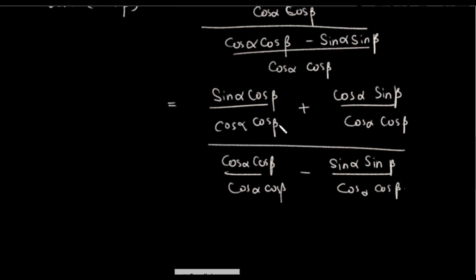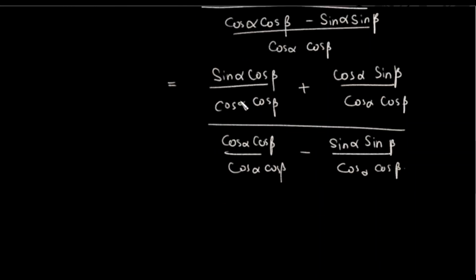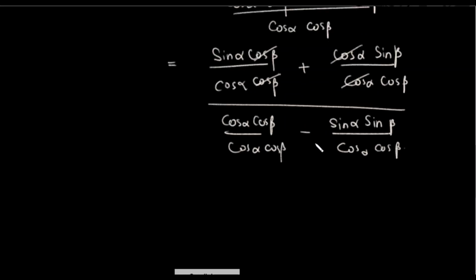Now you have a familiar equation here. We cancel out cosine beta in the first term, and cosine alpha in the second term of the numerator. In the denominator, there is nothing to cancel in the last term, so it remains.